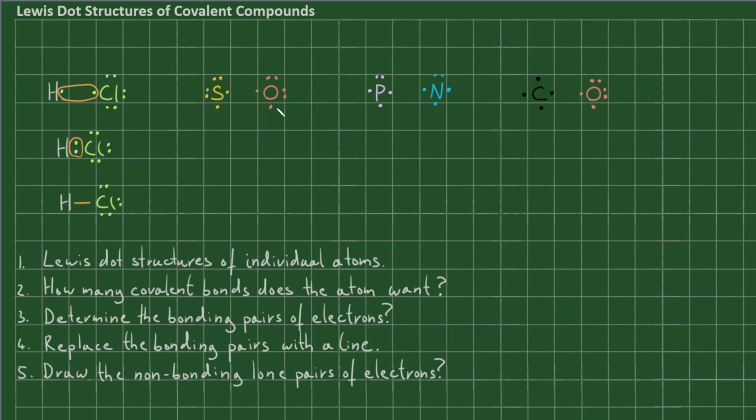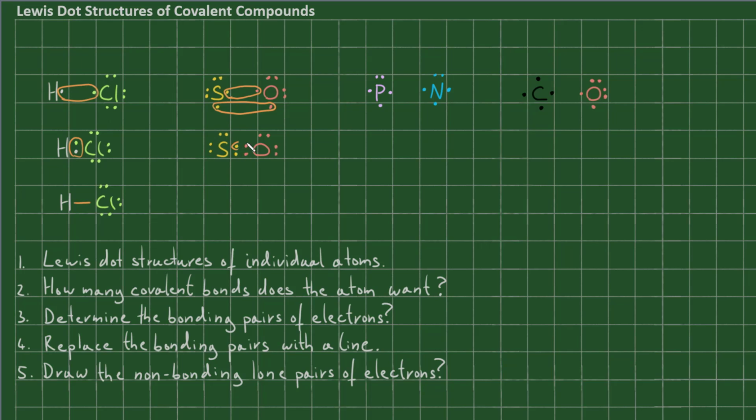What about sulfur and oxygen? Both sulfur and oxygen have 2 unpaired valence electrons. This means that they will both aim to form 2 covalent bonds. So in this case, I could say that these 2 electrons will be shared, and then these 2 electrons will be shared as well. Let me draw this sharing of electrons a bit neater.